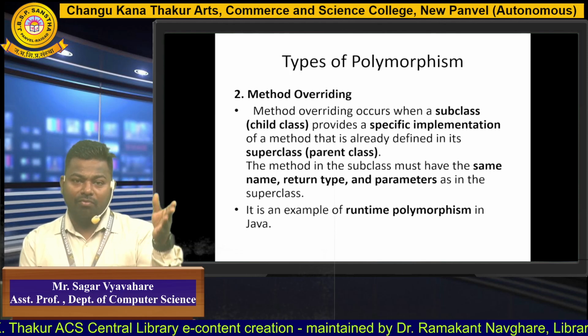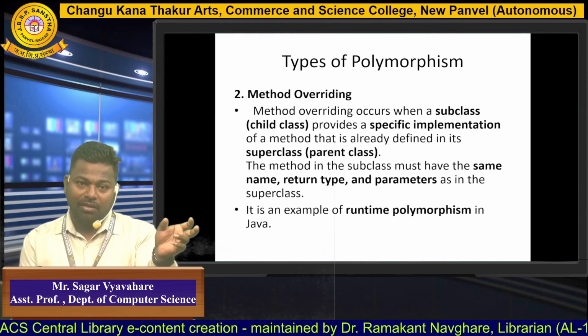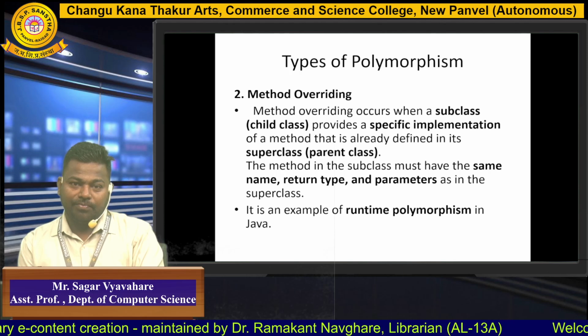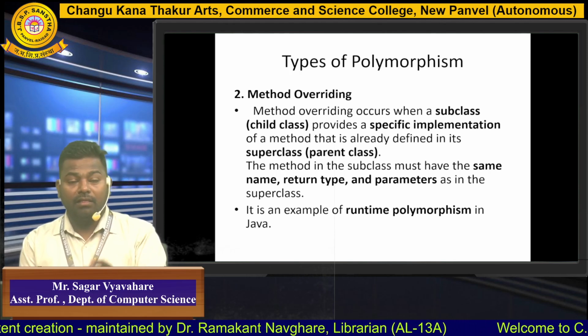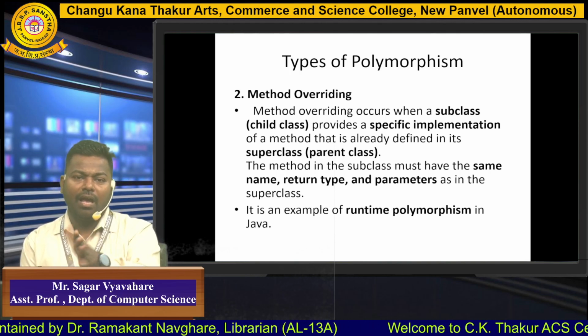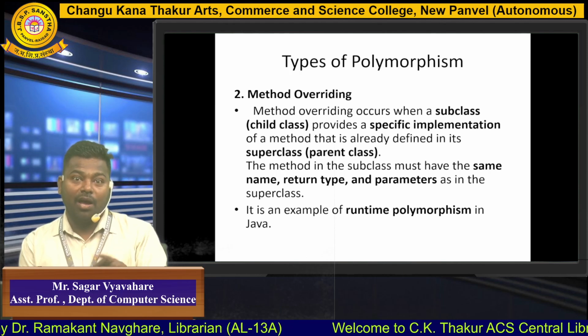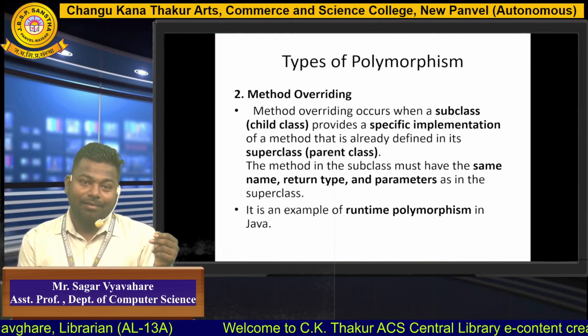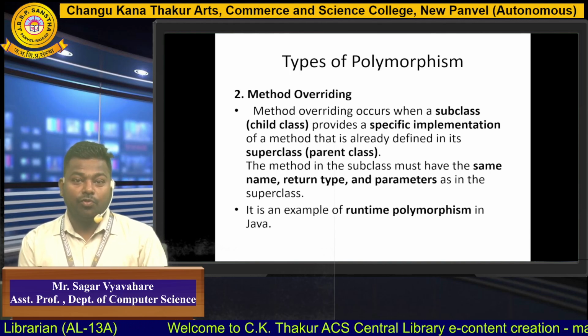Let's say one class has a method named add, and another class is inheriting that superclass. The second class, the child class, also has the same method, add. Now both classes have methods with the same name, that is add. So which one will be called?